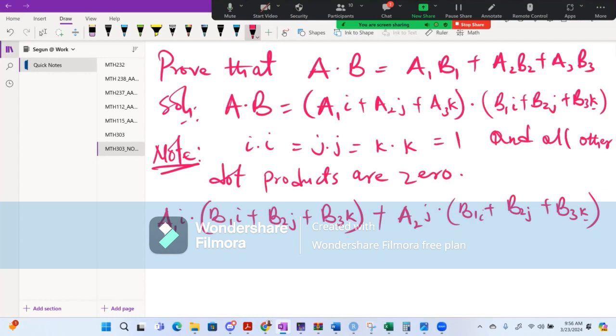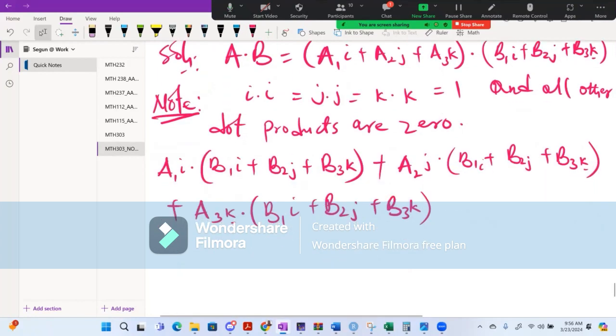This is distributive. Plus A2J dot B1I plus B2J plus B3K. Then plus A3K dot B1I plus B2J plus B3K.